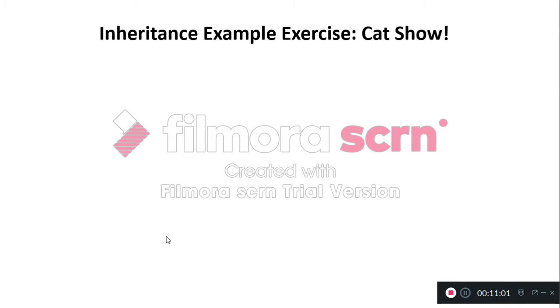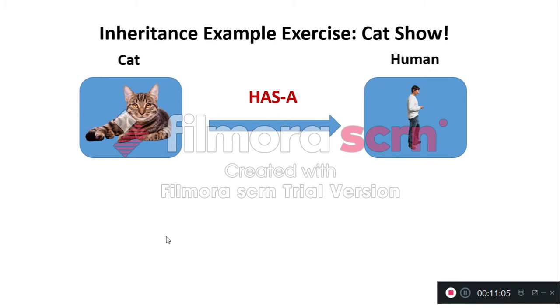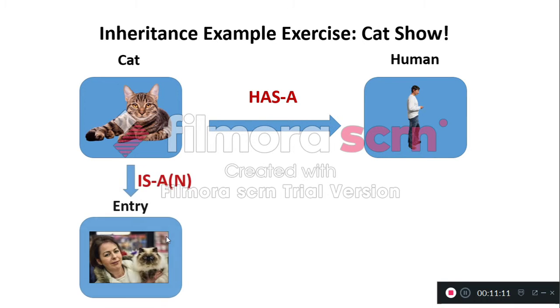All right. So back to our cat show exercise for inheritance. We already know that every cat has a human at the cat show. However, let's create another class. This class is going to be called entry. Now, every cat is an entry. You cannot have an entry without a cat, and every cat must have a human.